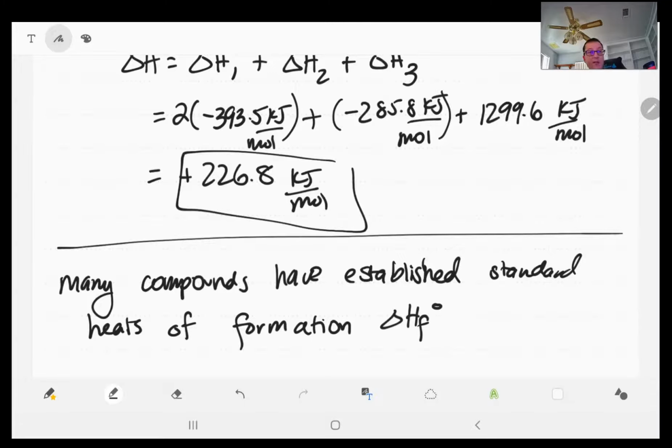Which is abbreviated delta HF. And that little degree symbol up there tells us it's a standard. So a standard for 1 mole of that substance.